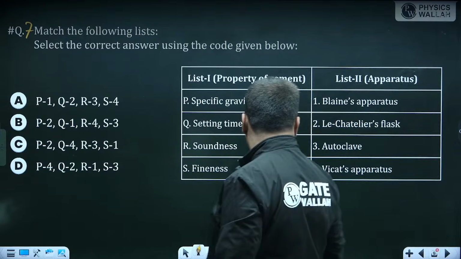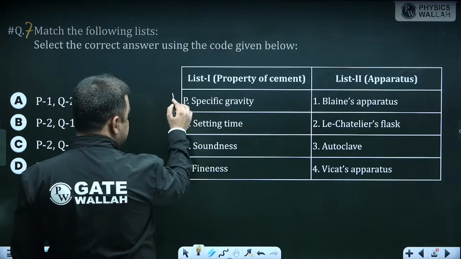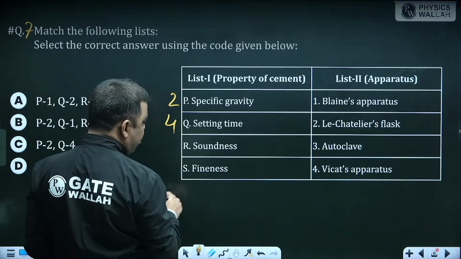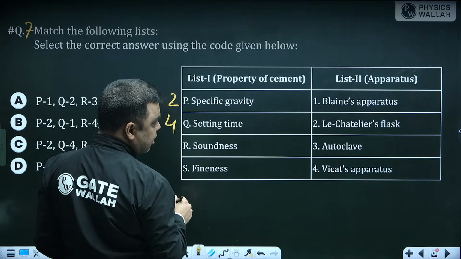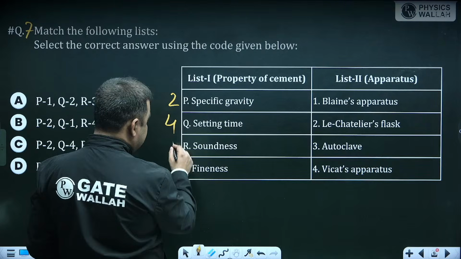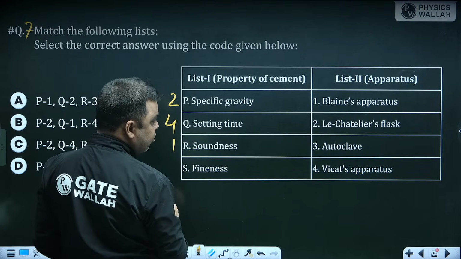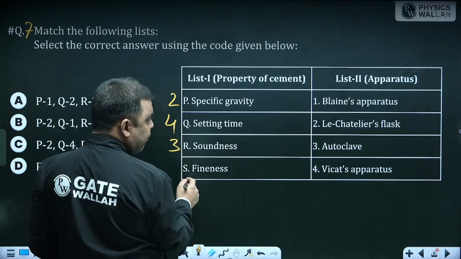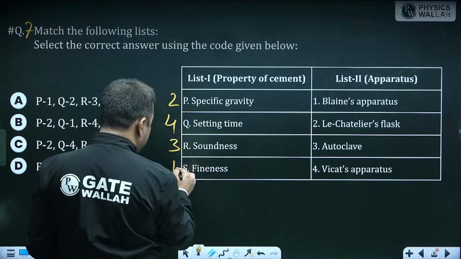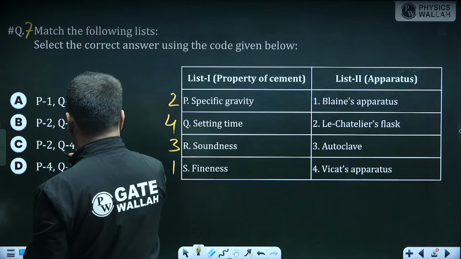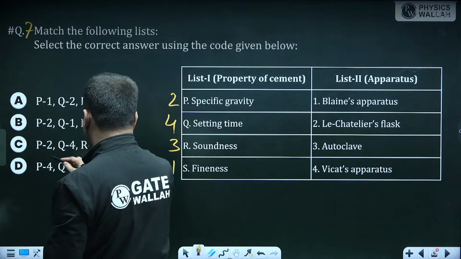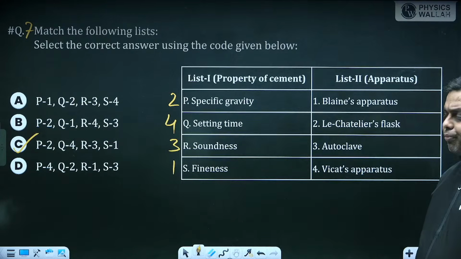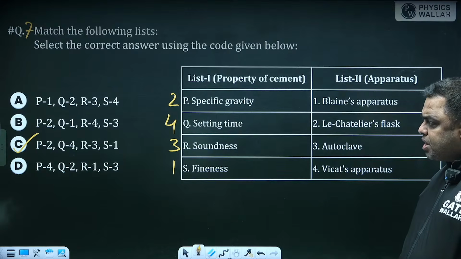Specific gravity: Le Chatelier's flask. Setting time: Vicat apparatus. Soundness: autoclave. Fineness: Blaine's apparatus. So 2, 4, 3, 1. Option C. Good, good going.